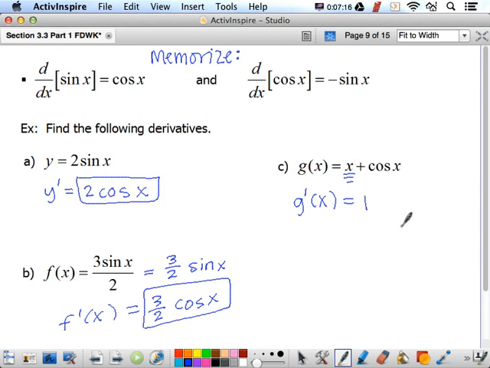Just 1. What's the derivative of cosine of x? Negative sine of x. So the derivative of x plus cosine x must equal 1 minus sine x, because the derivative of x is just 1, x to the 0, so just 1, and the derivative of plain positive cosine of x is negative sine of x. So technically it's 1 plus negative sine of x, but anytime we have plus and negative, we just write minus.